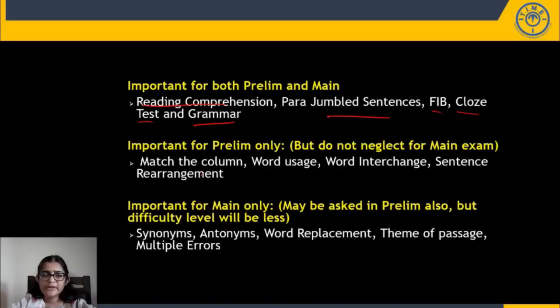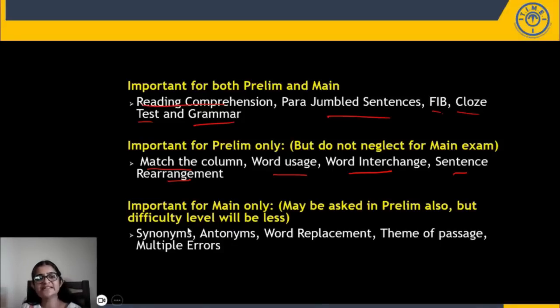For prelims, what you get typically are match the column with 2 columns, word usage, word interchange, and sentence rearrangement. That doesn't mean that you should not look at it at all for the mains exams, okay? Anything can come anywhere, so you have to be prepared.